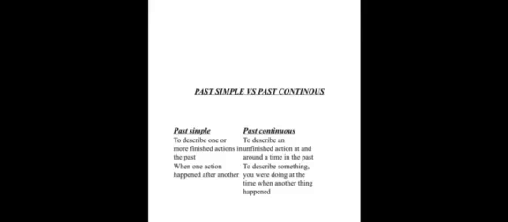For example, we arrived at home at 3 o'clock and we went to our room. In this example, both actions are finished in the past. The first action, arriving at home, was finished in the past, as well as the second one, which is going to our room. Is it clear?